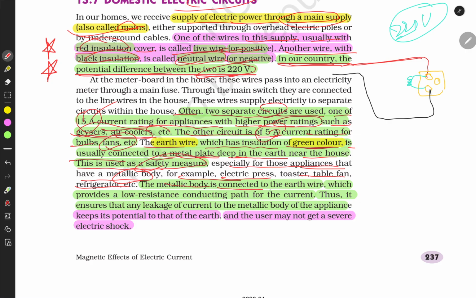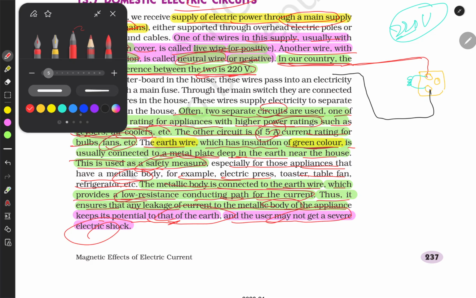The metallic body is connected to the earth wire, which provides a low resistance conducting path for the current, and thus it ensures that any leakage of current in the metallic body of the appliance keeps its potential to that of earth, and the user may not get a severe shock.